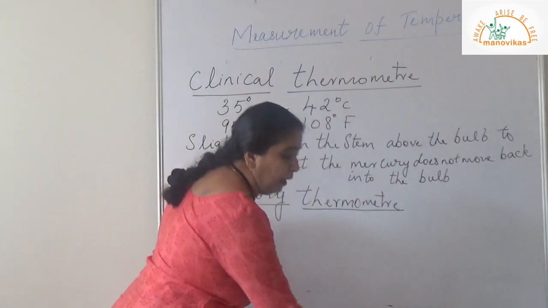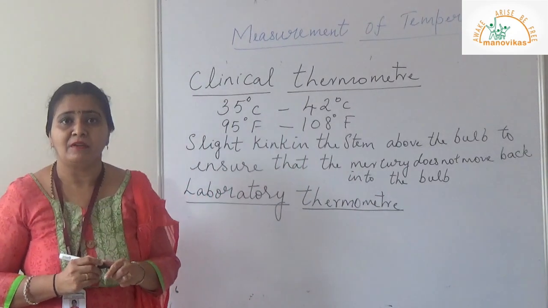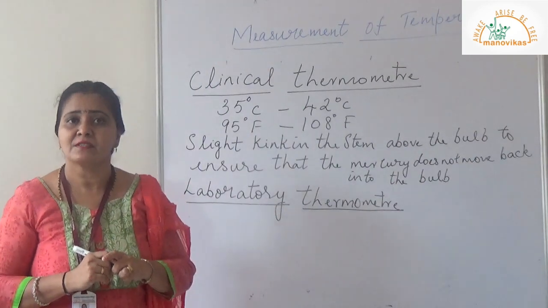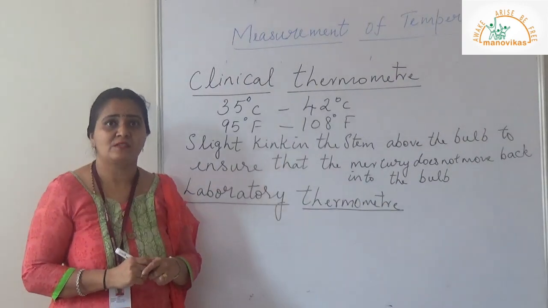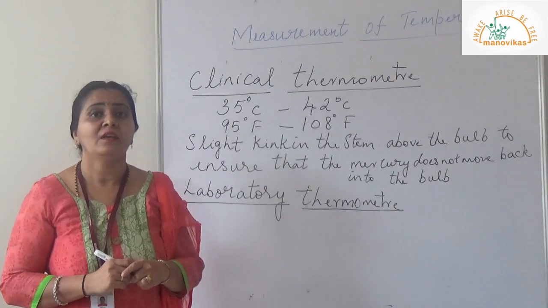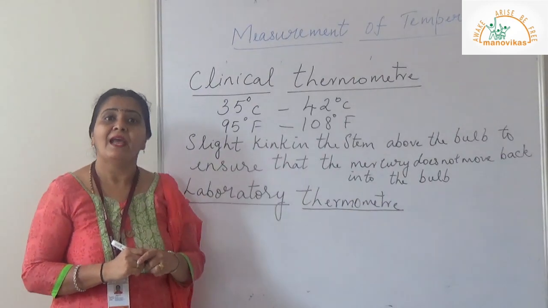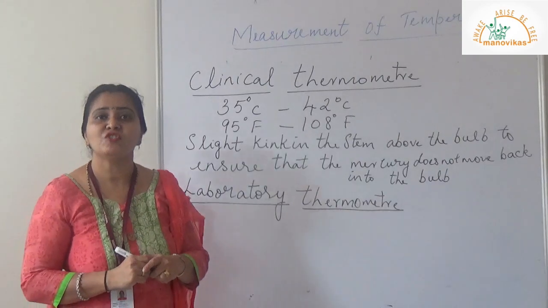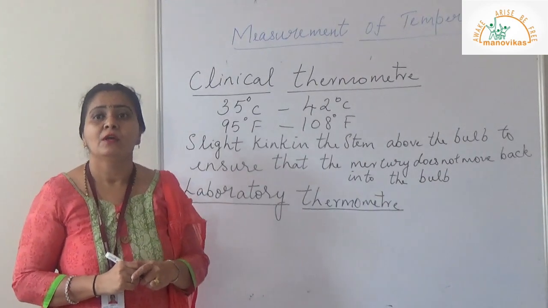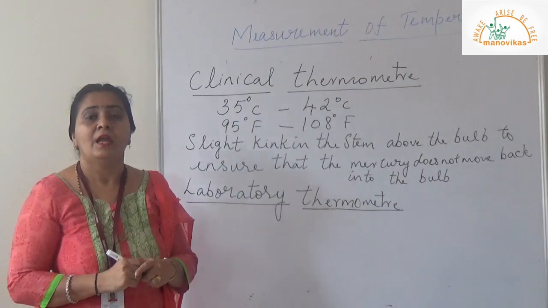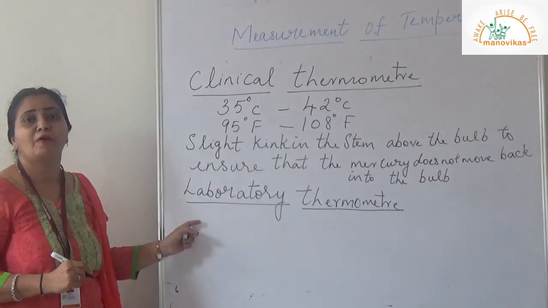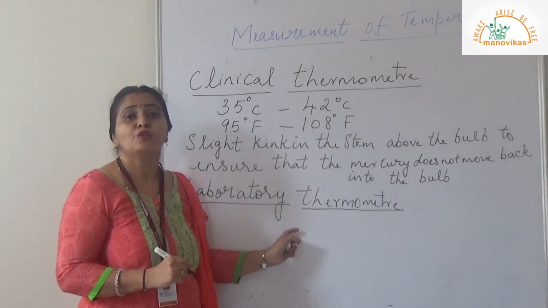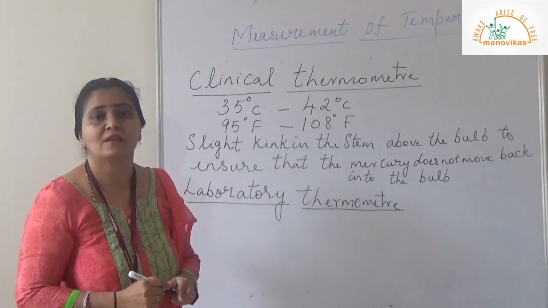Now, using this clinical thermometer is unsafe. Why? Because when it breaks, the mercury usually causes a health hazard. So that is why nowadays we make use of a digital thermometer to measure human temperature. Now let us come next to the laboratory thermometer. A laboratory thermometer is mainly used to measure the temperature in science laboratories.